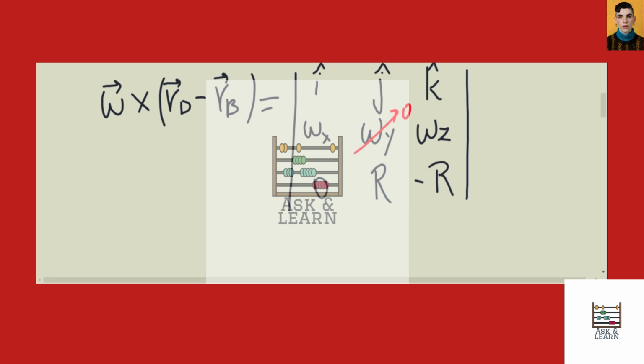So there shouldn't be a y component for the angular velocity, just zero. The angular velocity is on a plane parallel to the xz plane. Otherwise, the bowling ball will be moving upwards or downwards, which is not allowed.